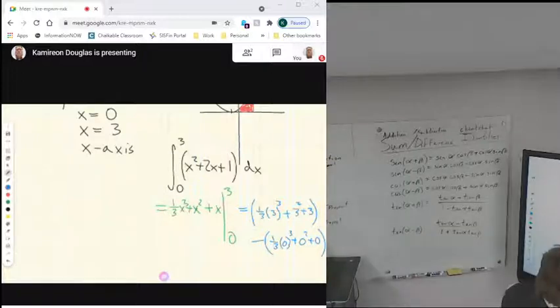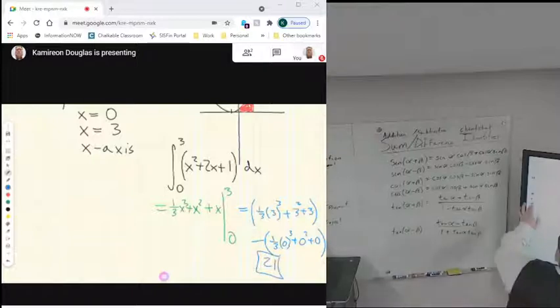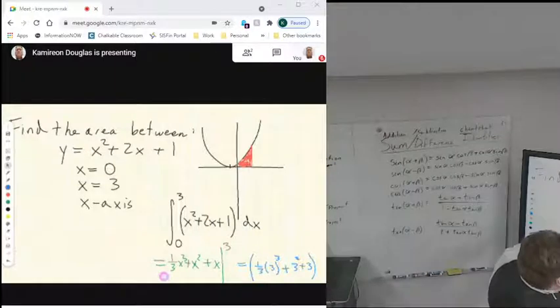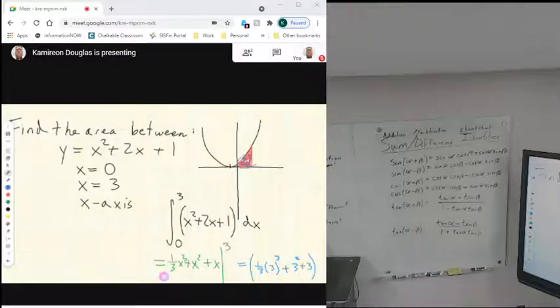So it'll be 21. That means that the area between 0, 3, the x-axis, and this function is 21. Seems a lot bigger than it looks, but it's true. It's 21 square units. So these are your basic integration problems.